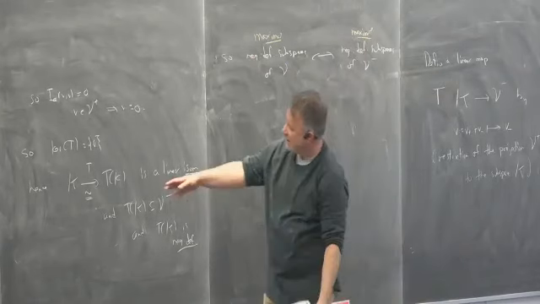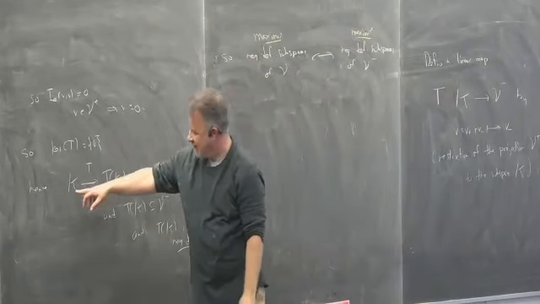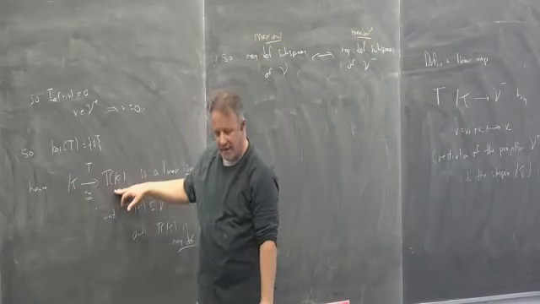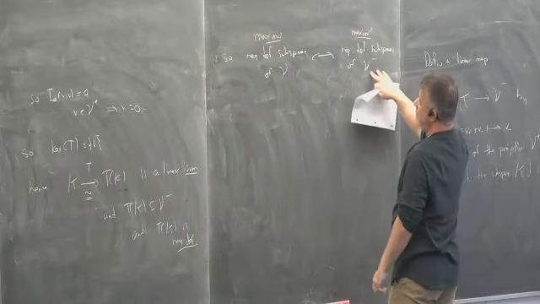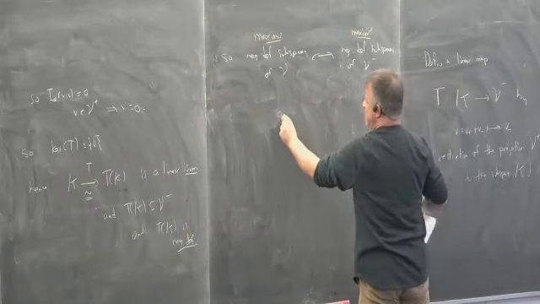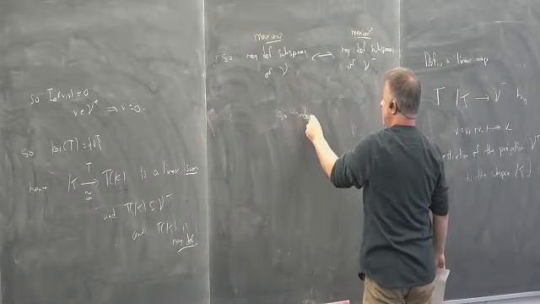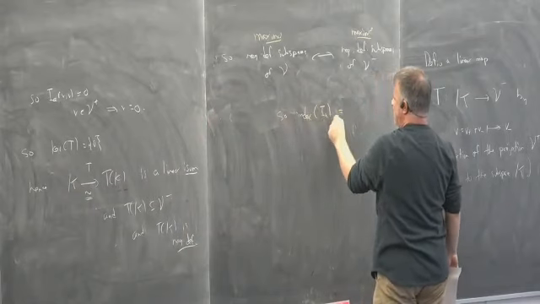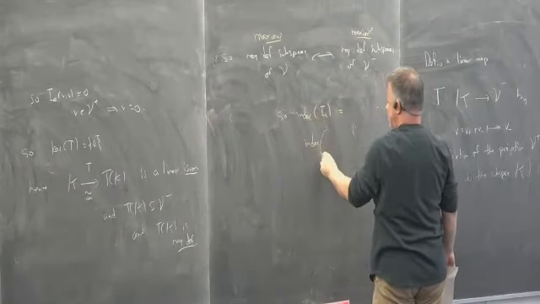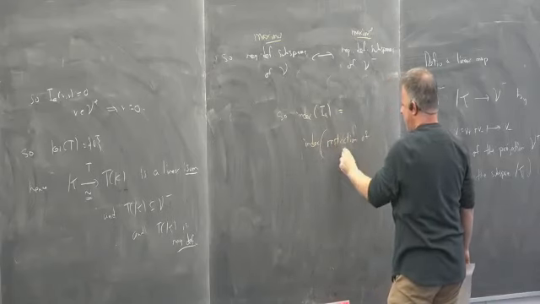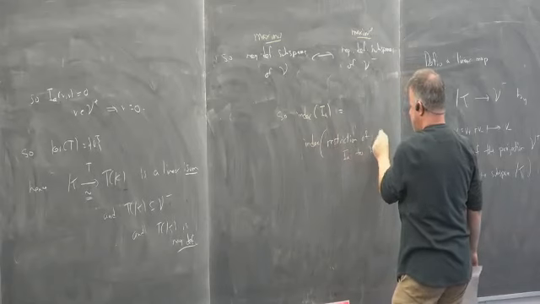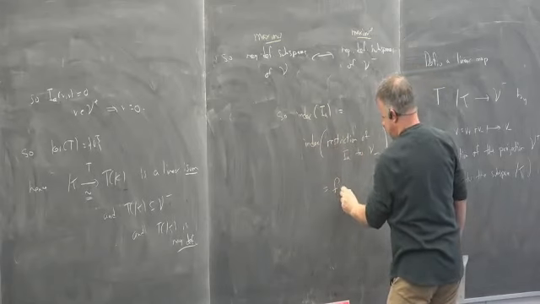What we've shown is that any negative definite subspace of V is isomorphic to a negative definite subspace of V minus. And that means it's finite dimensional. And so the index of IA equals the index of the restriction of IA to V minus, which is finite.